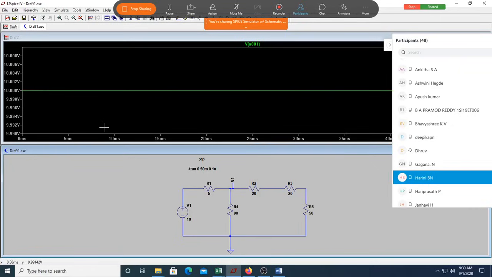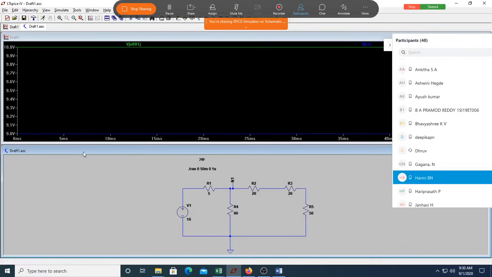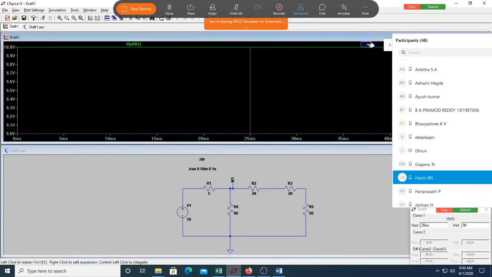Am I correct? Yes, sir. Let me measure this voltage. It is the voltage at N1 with respect to ground, even though I'm not holding the second terminal, it is by default with respect to ground. Can you see how much that voltage is? That is 9 volts.